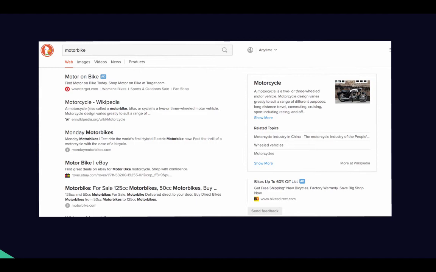So again, it's all about advertisement. It's all about reaching the audience, and connecting the advertisers with the audience, which is also happening online.